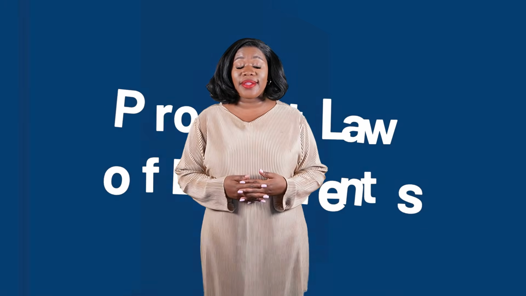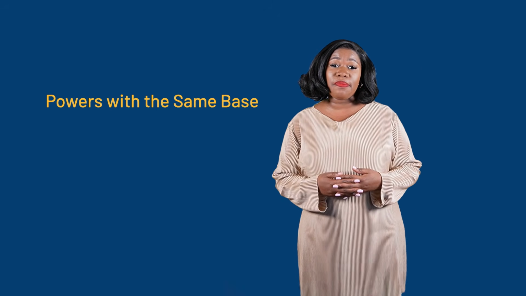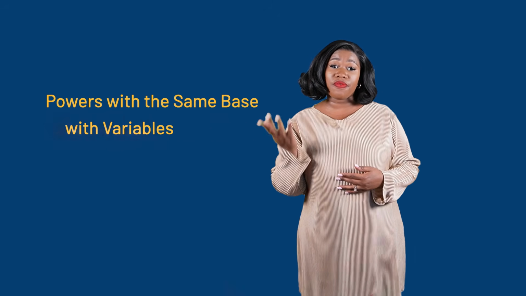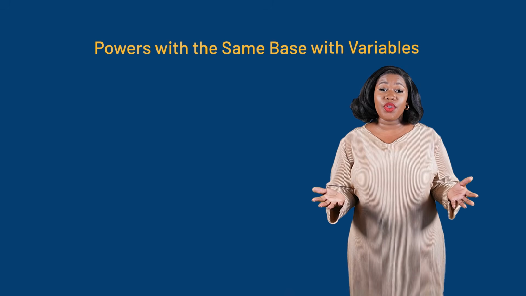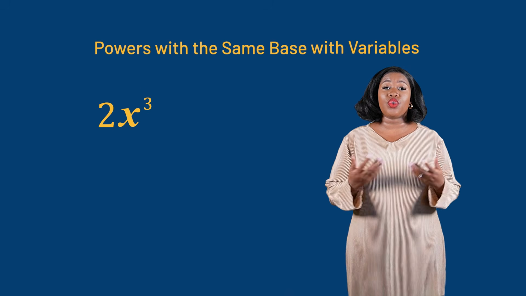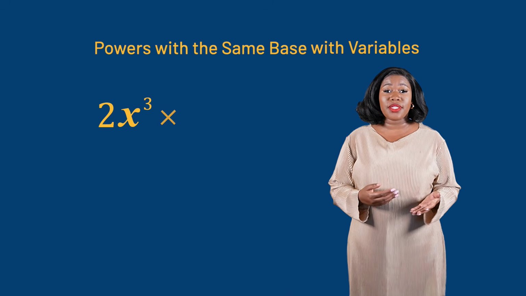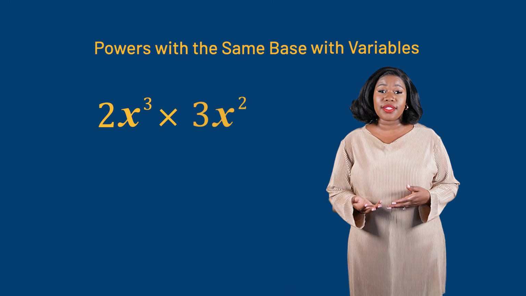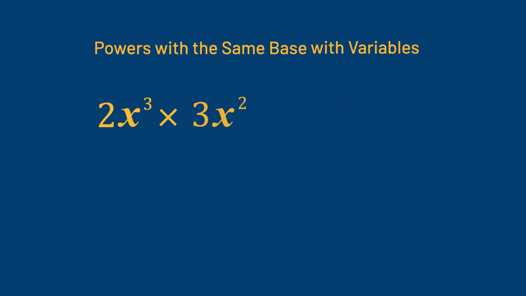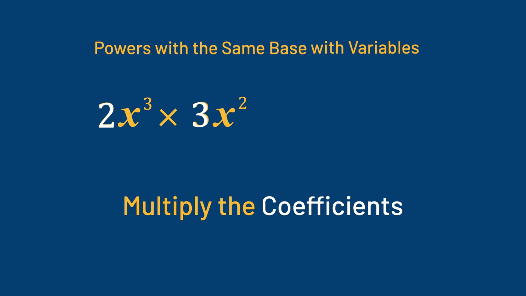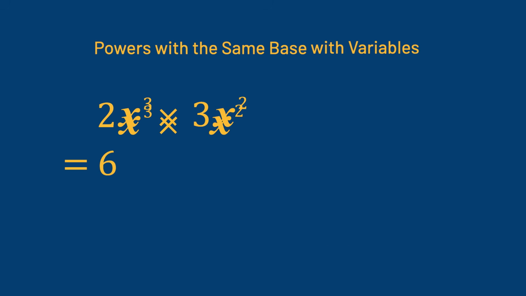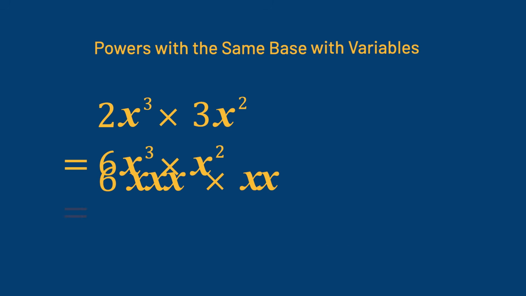Let's start with multiplying powers with the same base, but this time with variables. Take a look at 2x to the power of 3 multiplied by 3x to the power of 2. First, multiply the coefficients. 2 times 3 equals 6. Now, look at the x's.